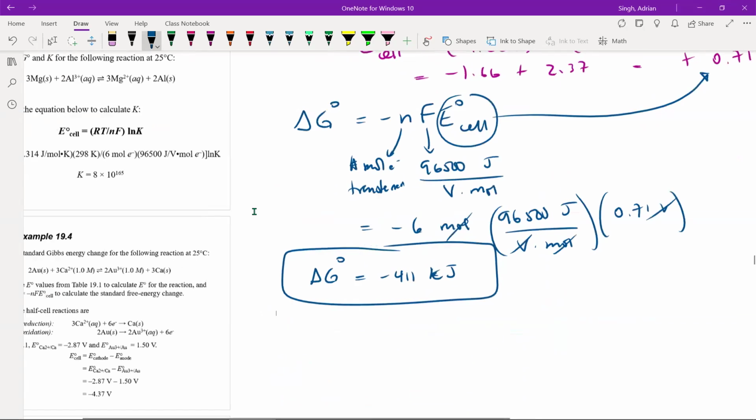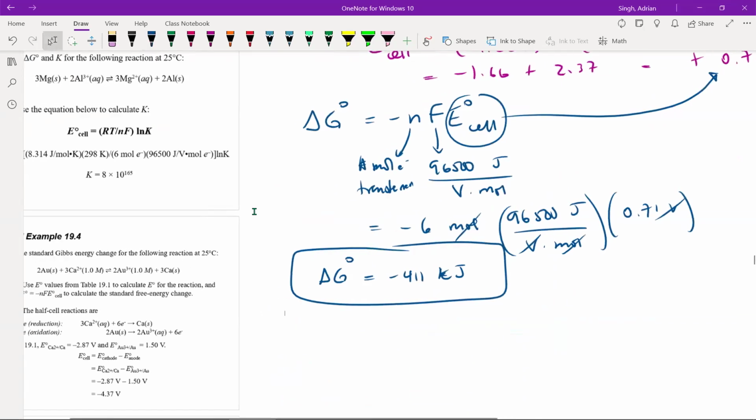Last thing we need is to calculate K, and we can calculate K by using a couple of different equations. It doesn't really matter which one you choose as long as you have your correct values in there.